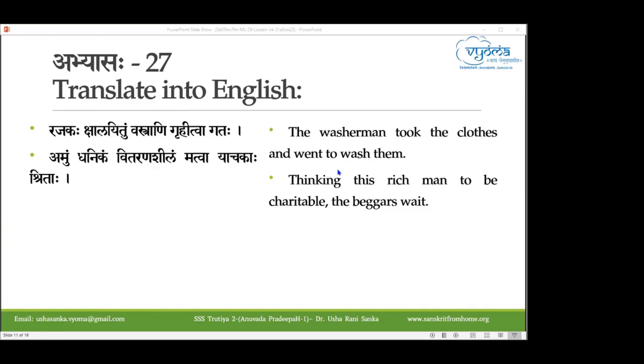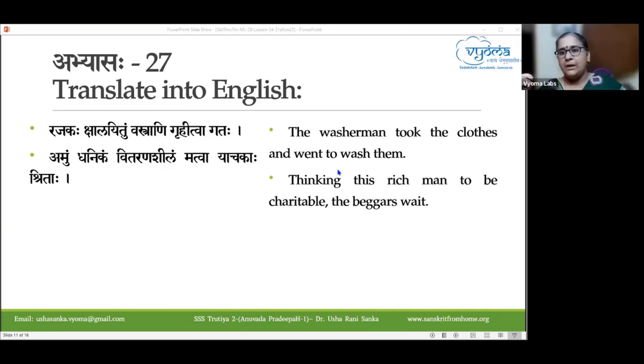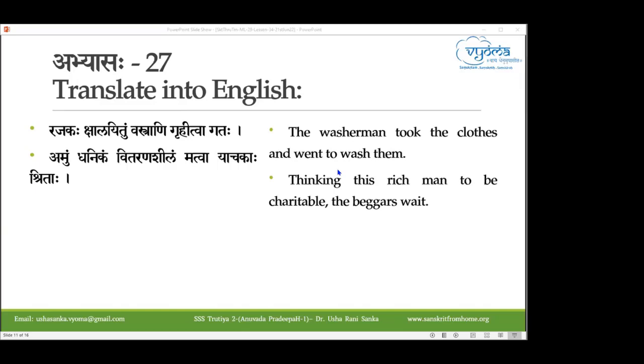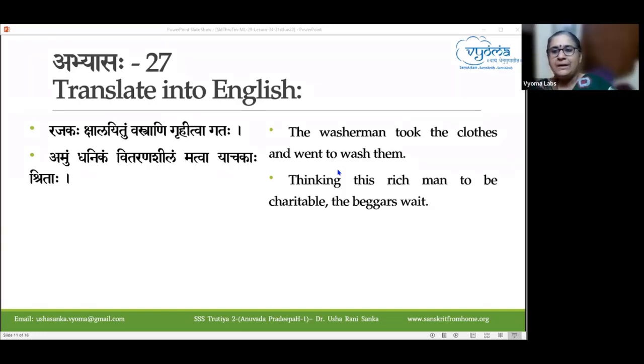That may be correct, I think. Having thought of this generous rich man, the beggars, or I don't know what else to use for yachaka. Matva means that they think, they are not sure. Thinking that he might be like this, his generosity is not established. They have thought about it. They considered that maybe he will be generous.